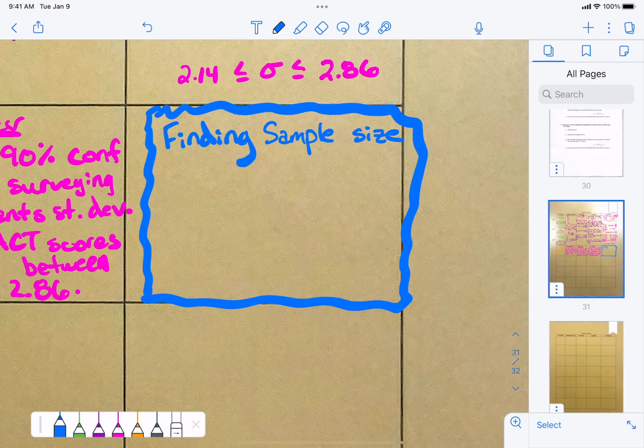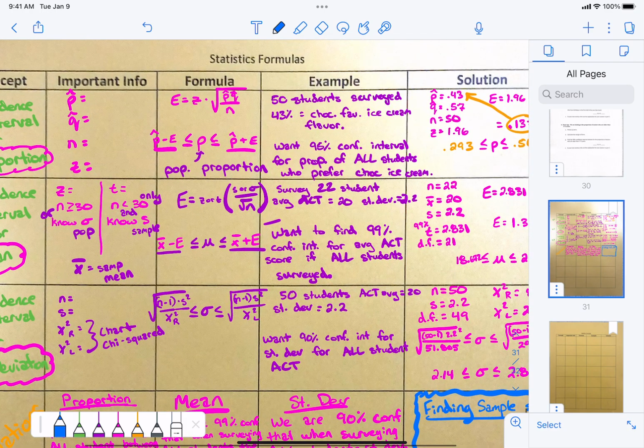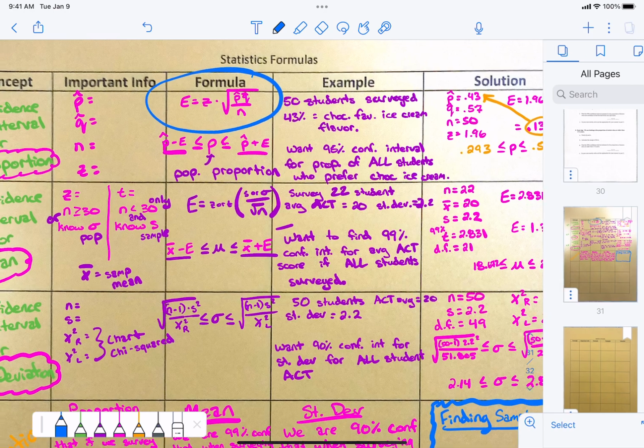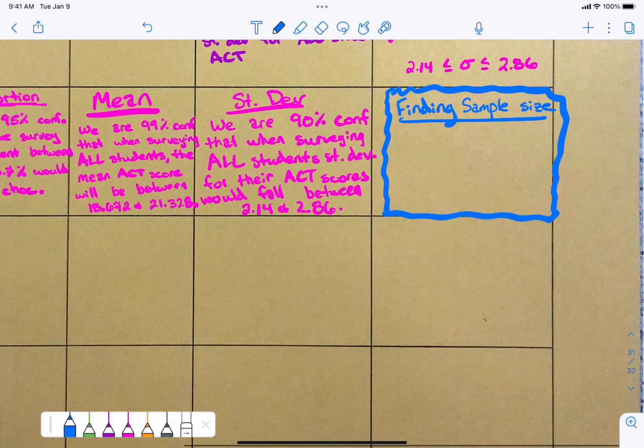Okay, finding sample size. Put this wherever in a box somewhere. Finding sample size. You don't need very much. Okay, we're taking this formula and we're rearranging it. The very top formula, you could do this without writing it down, but we'll just write it down.